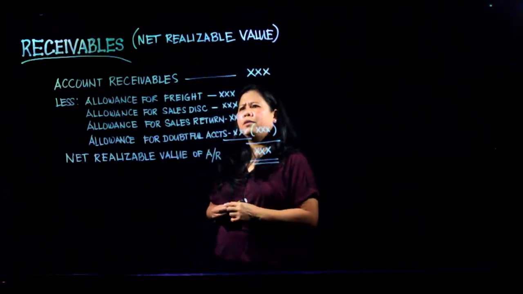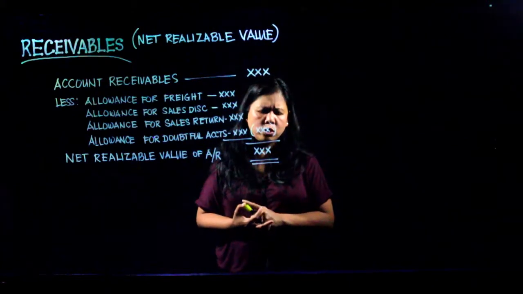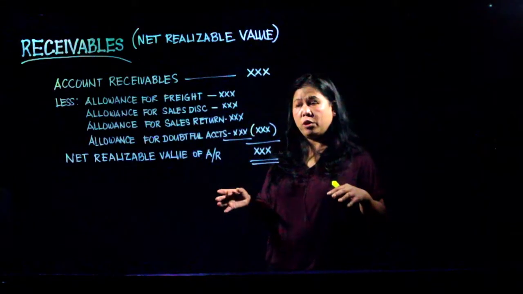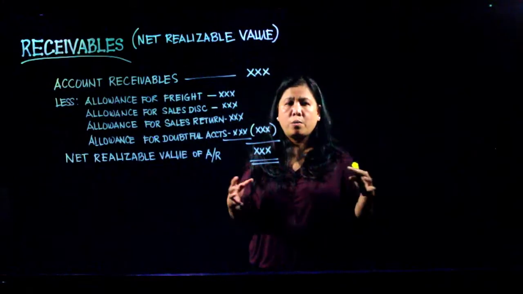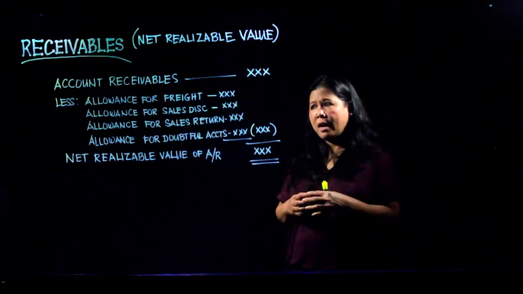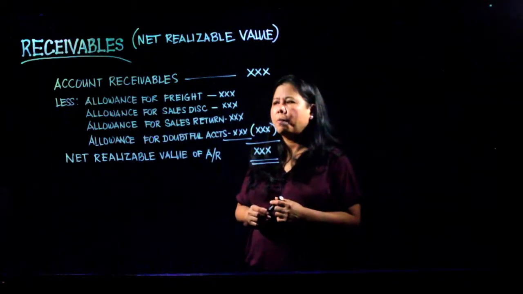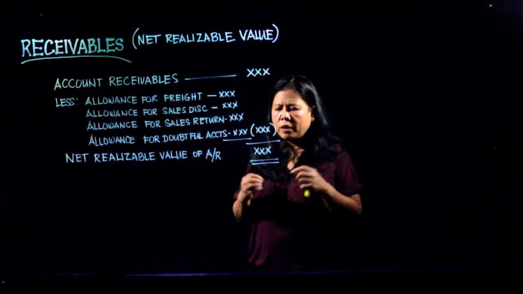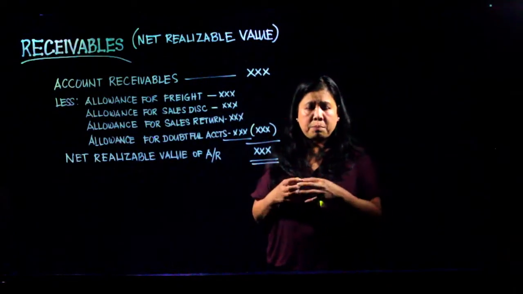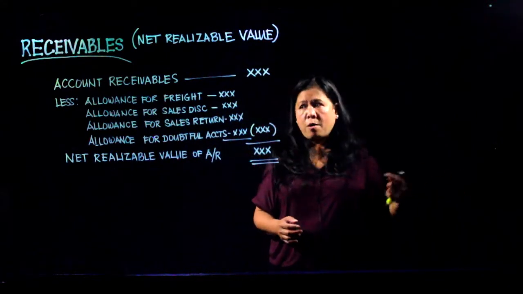All right, now let's discuss allowance for freight. We will discuss freight or delivery expense in more detail in our inventory video lectures than here on accounts receivable. So let's assume the company is responsible for the delivery expense of certain goods that were shipped by the company.